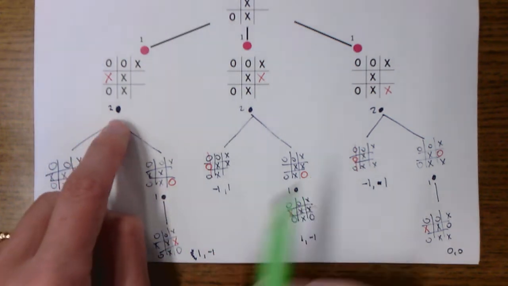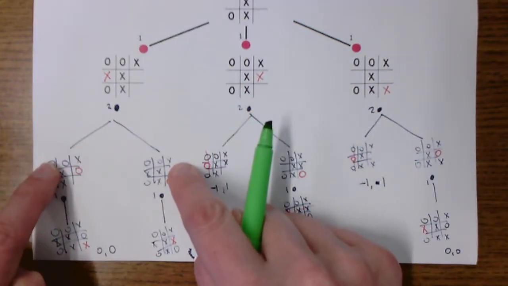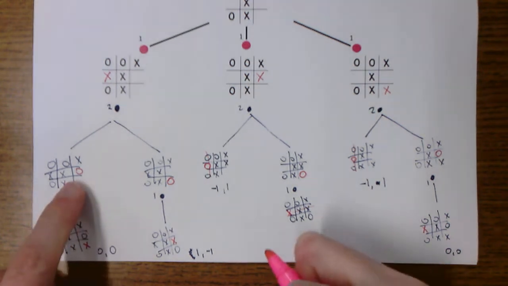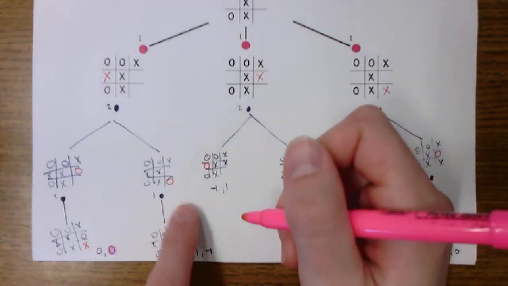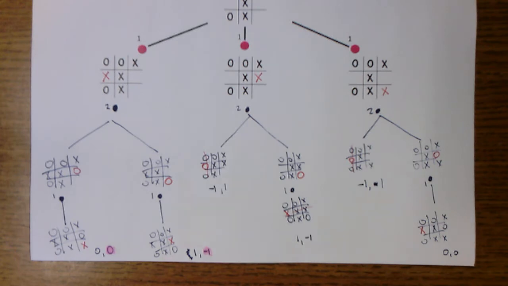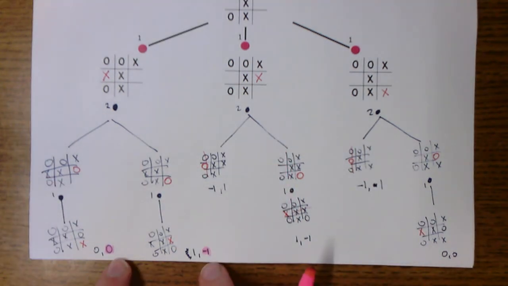The first decision, or the most recent decision, is for player 2. They have to choose one of these 2 things. So what I want to do is compare, well, what are player 2's outcomes? If player 2 chooses to put their O here, they're going to walk away with 0. And if they choose to put their O here, they're going to walk away with -1. So when player 2 is presented with these game boards, which one of these 2 things would they choose?